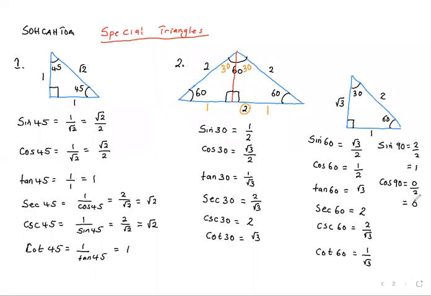What is tan in terms of sine and cosine? Sine over cosine. So tan 90 is sine 90 over cos 90. Sine 90 is 1. Cos 90 is 0. 1 over 0 is undefined.